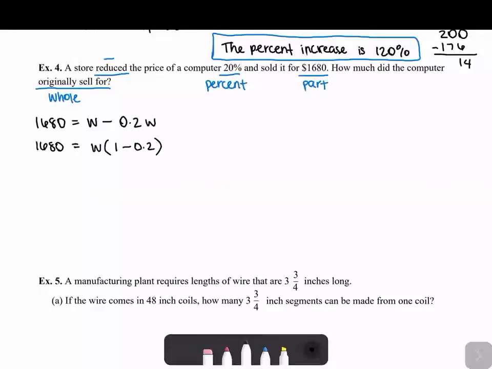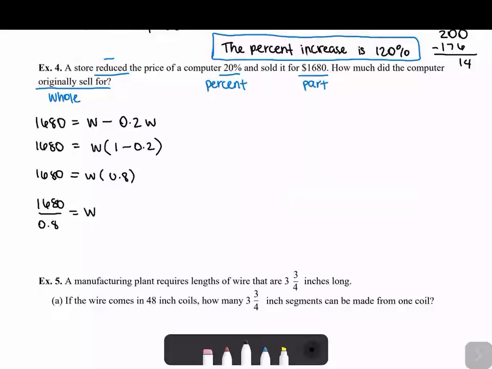This is called both reverse distribution or just factoring out the W. Then we can perform that operation: 1 minus 0.2 is 0.8. And then we can divide: 1680 divided by 0.8 is our whole.